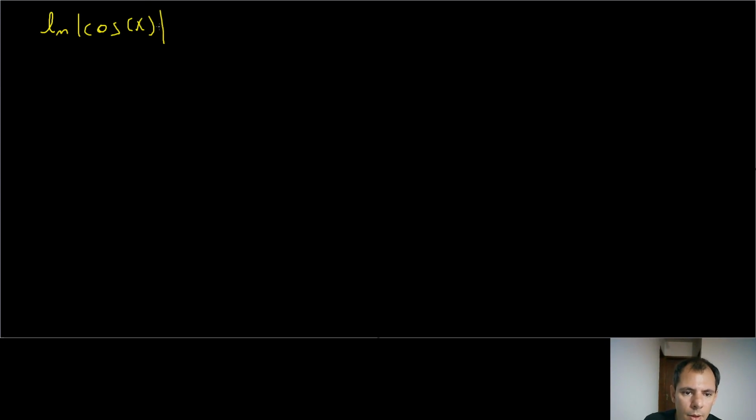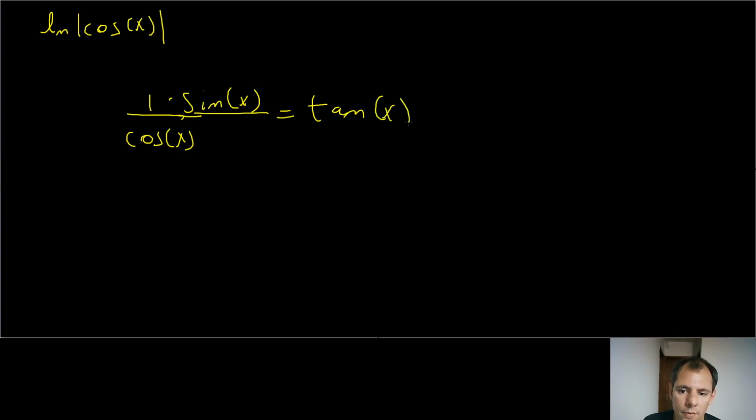Okay. So differentiate this with respect to x. Well, differentiating this is going to be 1 divided by the cosine of x times the derivative of the cosine of x, which is minus sine of x. Okay, so this equals minus the tangent of x.